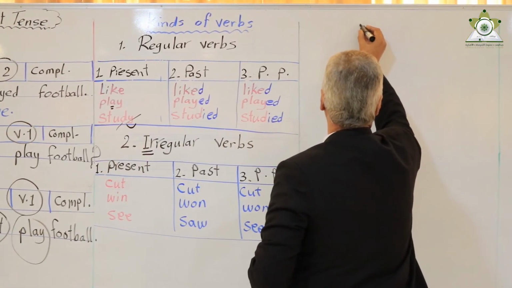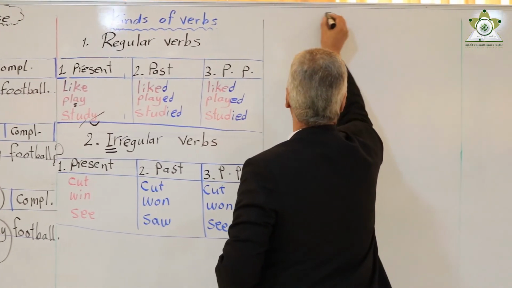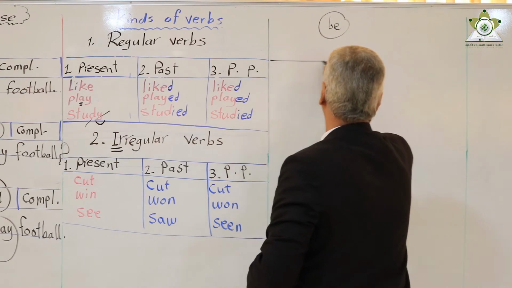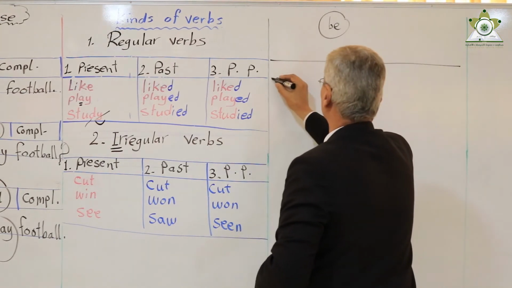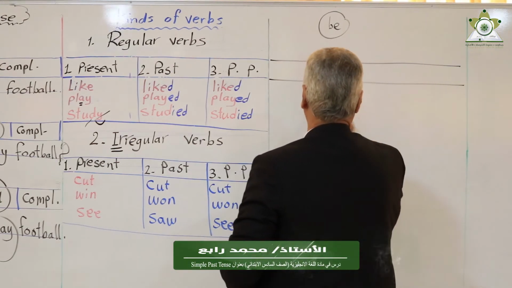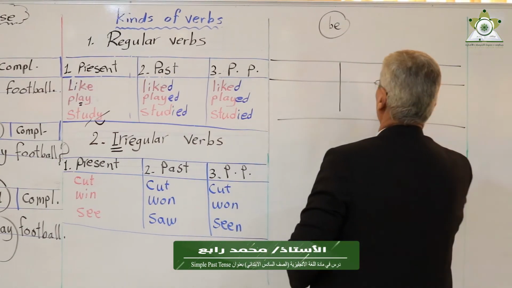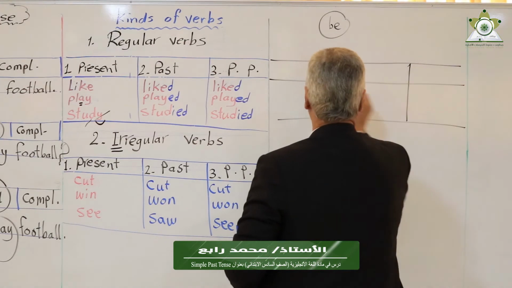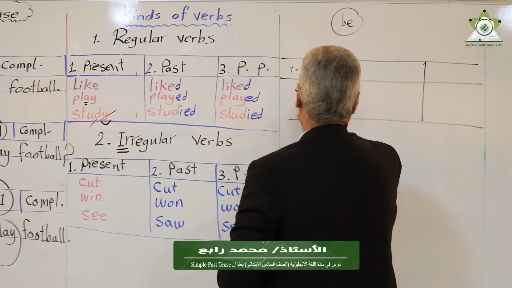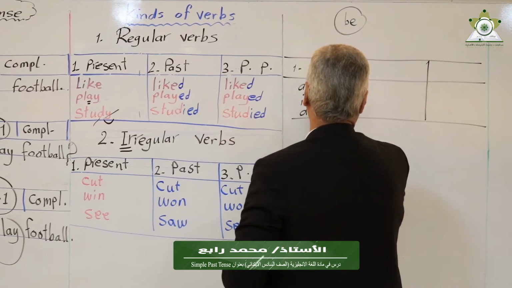The last thing here, as for the verb be in the past, verb be is different, as you can see here. In the present, we have am, is, and are.